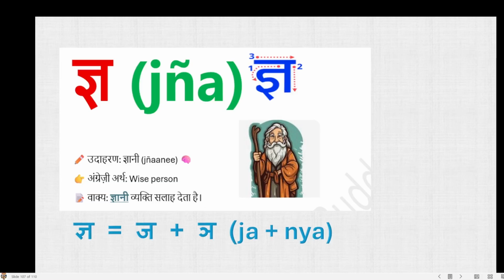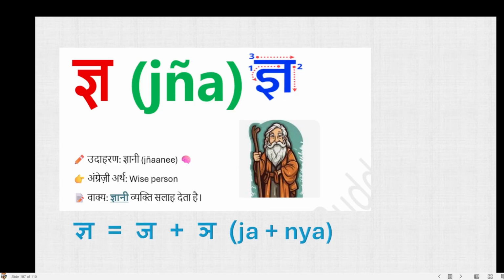The next letter, Gya, is formed by adding the letters J plus Nya. This letter is also pronounced as Nya. So basically, this letter is pronounced in two forms. One is Gya and the other one is Nya. The sound of Nya is pronounced as Gya or Nya like the nya in the word nyan.